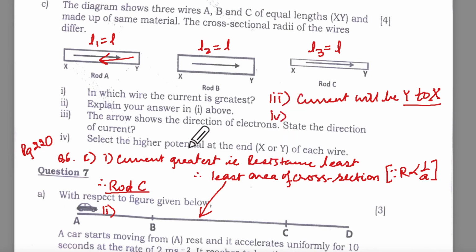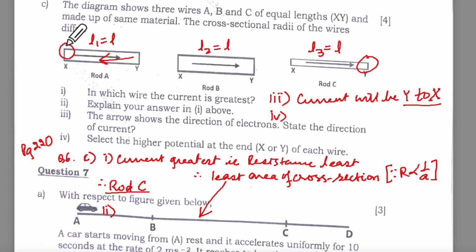Then we come to the fourth part. What is the fourth part? Select the high potential end, X or Y, for each wire. Now, if the current is from Y to X, Y will be higher and X will be lower. The current goes from higher to lower. Electrons go from lower to higher.